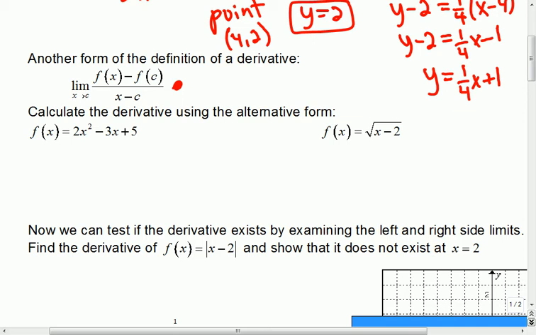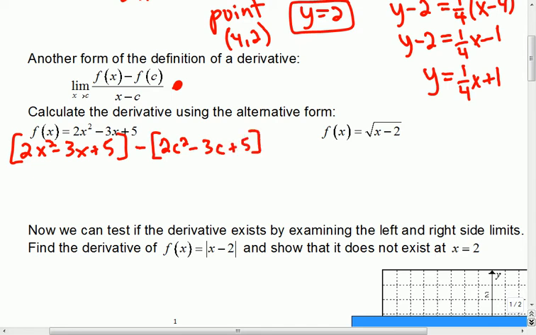So if we wanted to see if this was better or not, let me show you for this one here. This would be 2 times x squared minus 3x plus 5, and subtract 2c squared minus 3c plus 5, and it would be over x minus c.